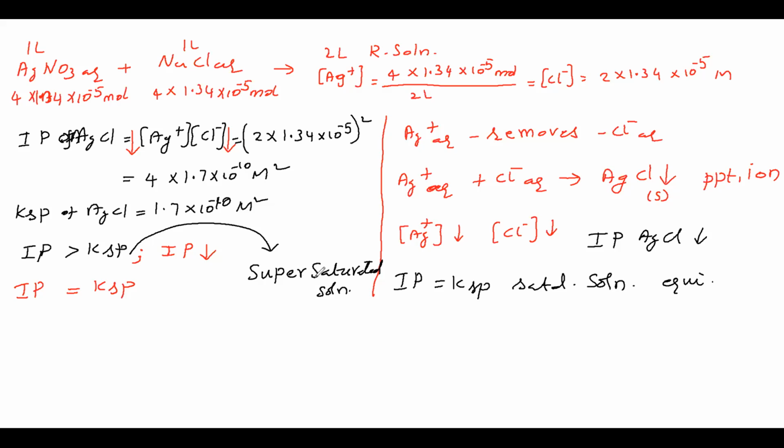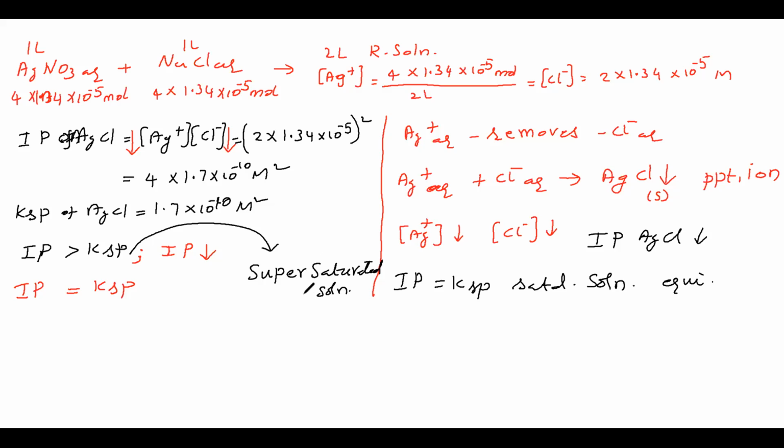So supersaturated solution means the dissolved salt will be more than in a saturated solution. That means the system is not at normal condition, not at room temperature and room pressure. So one point is that the amount of dissolved salt is more than that of a saturated solution.